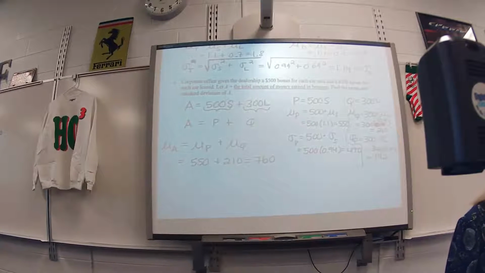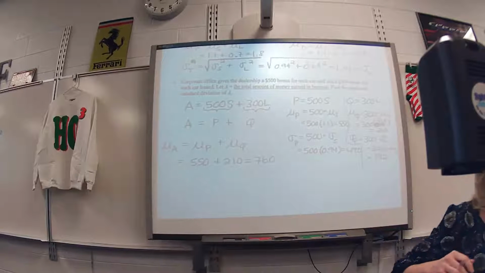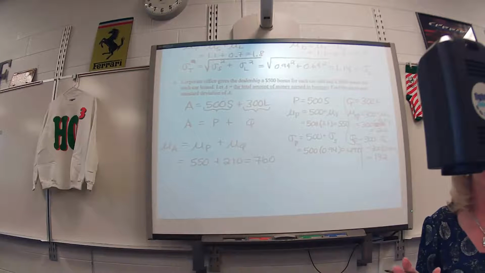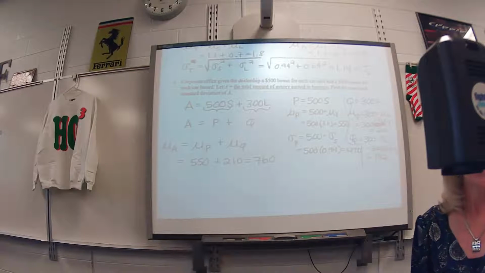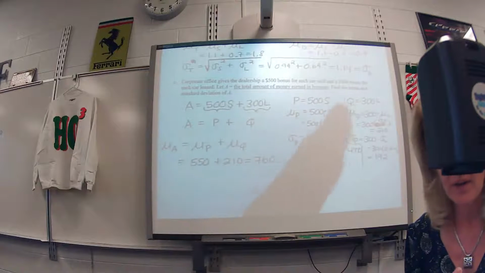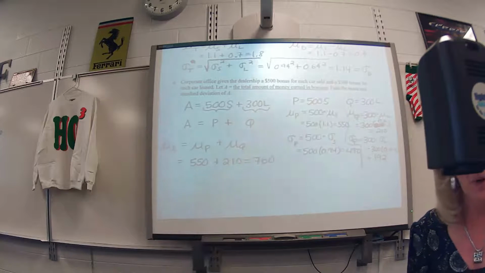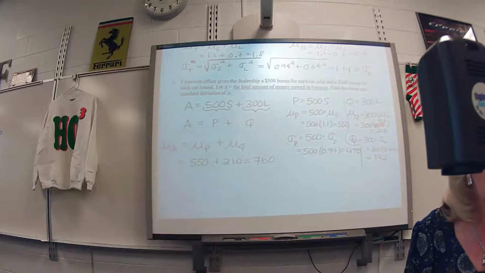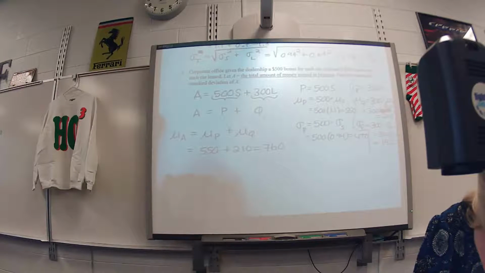It's the standard deviations I will mess up when I try to do all the rules at once. Because the rules are different: over here, you literally can multiply with the standard deviations, but over here, you have to work from the variance. So now when I come back to say, what is the sigma for A?